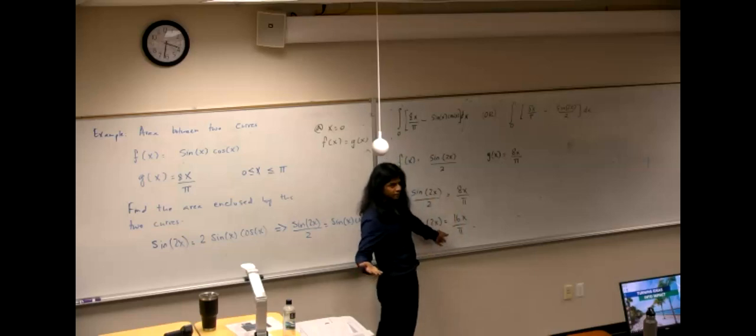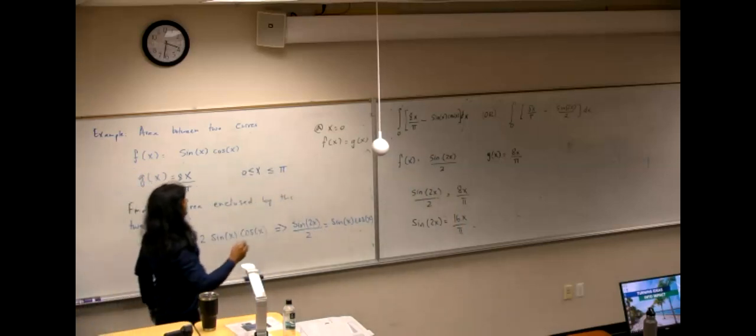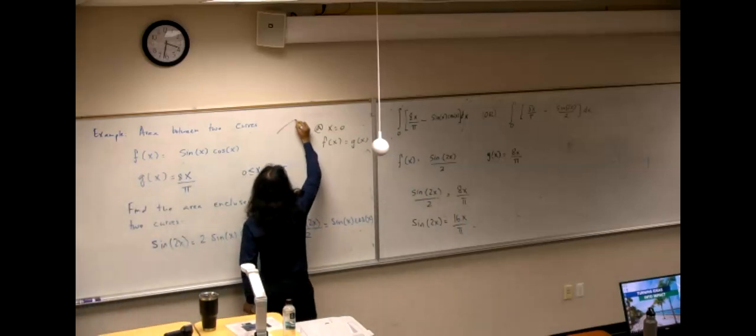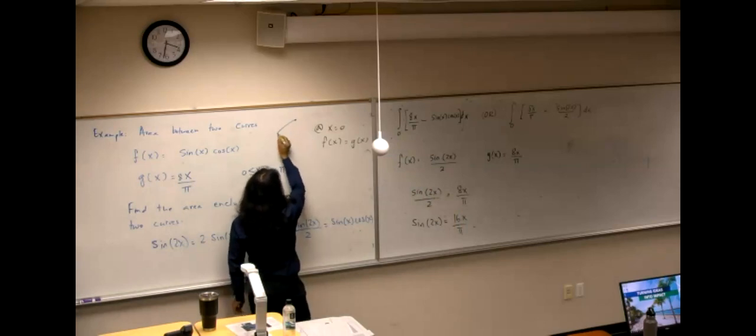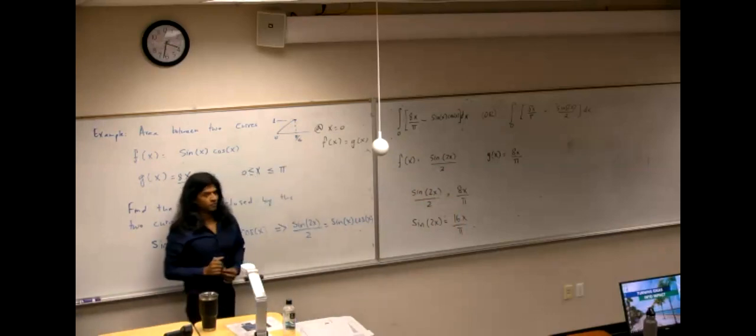What is sine pi over 2? 1. Good. So at its highest point, the sine value is 1. It happens at pi over 4.